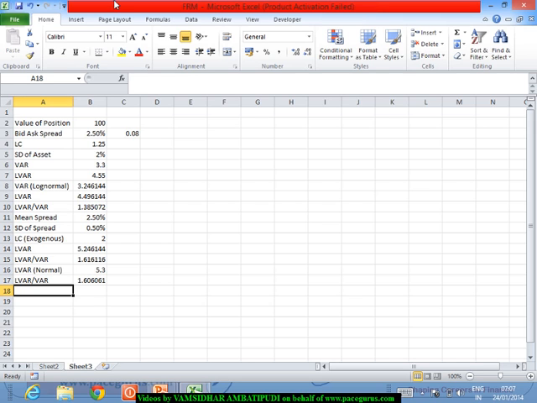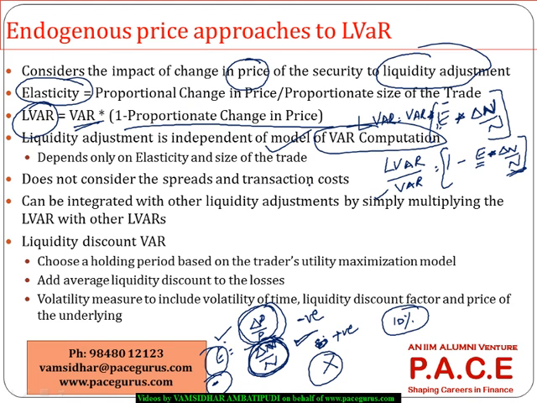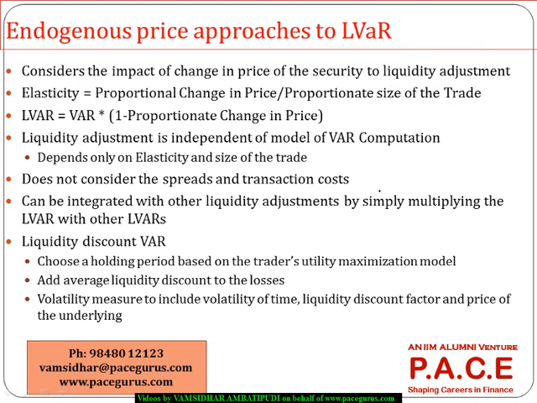What I am trying to say is, depending on the VAR calculation that is used, especially in the case of the exogenous approach, or in the case of the constant spread approach, what we are seeing is that the LVAR to VAR ratio, or the contribution of LVAR to the VAR, is dependent on the VAR calculation approach.